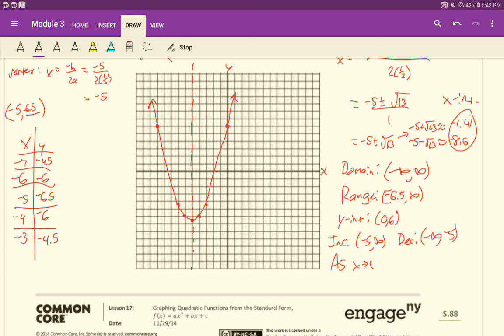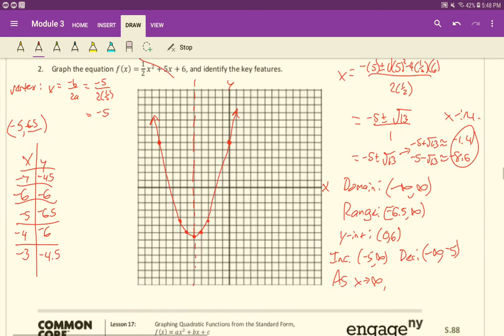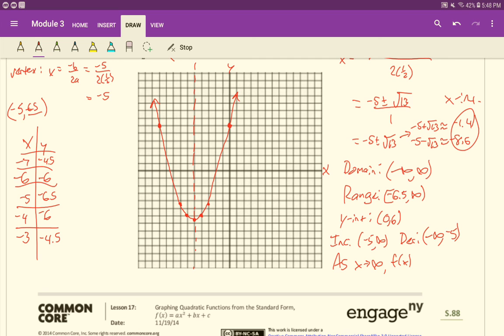As x approaches infinity, f of x, we have our function here, oh yes, f of x. As we go far to the right, we're going up. So that goes to infinity as well. And as x's go really far to the left, as they approach negative infinity, f of x is also going up. So, negative infinity.